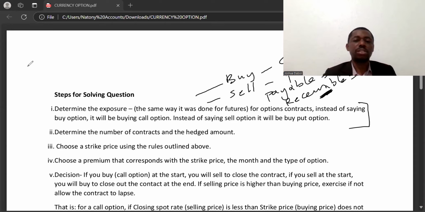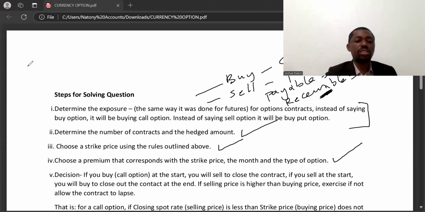After you have made the decision, the next thing is to determine the number of contracts. After that, you choose your strike price, just the same way I illustrated above. Then you choose the premium that is corresponding to the strike price.